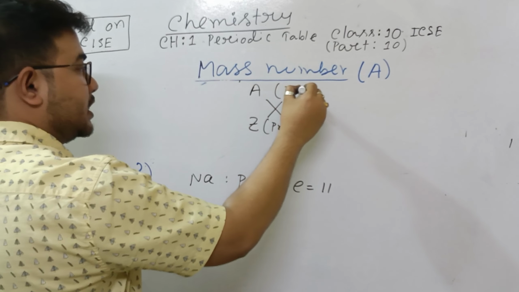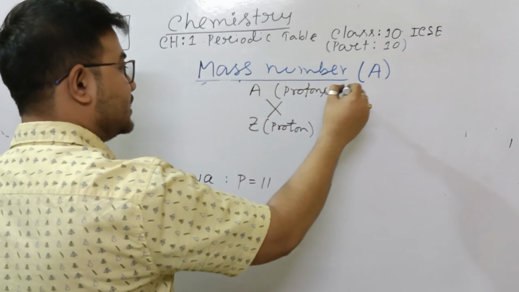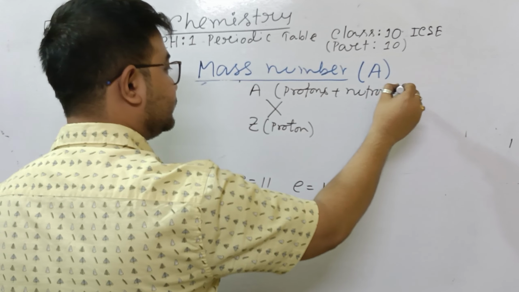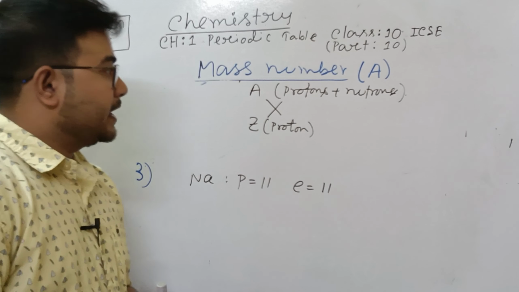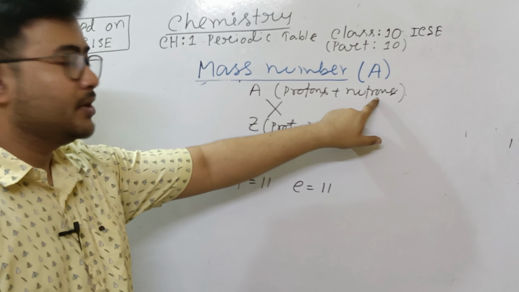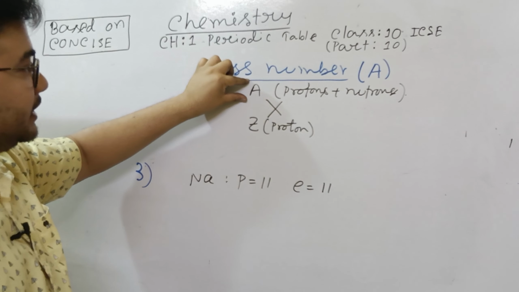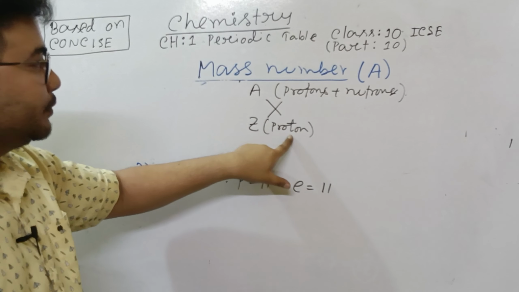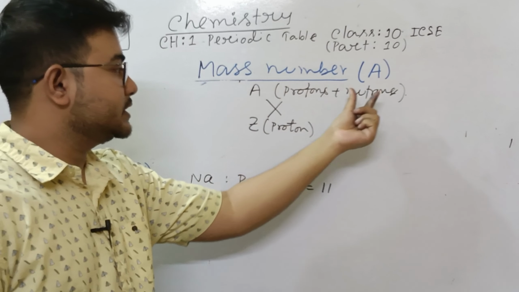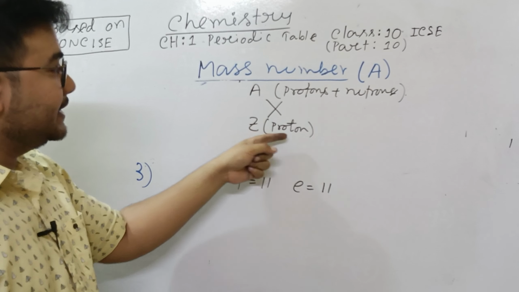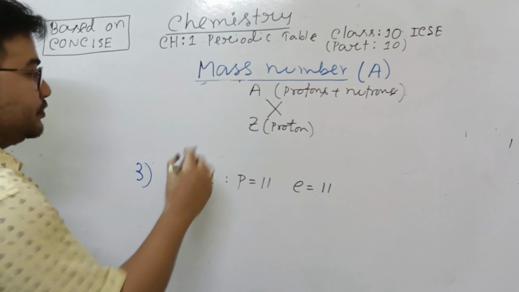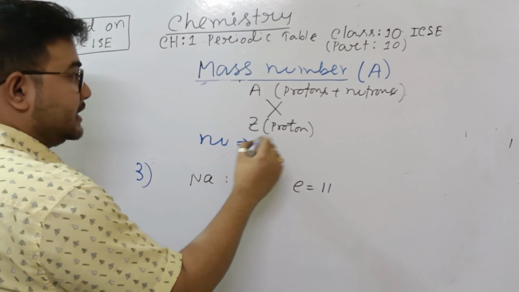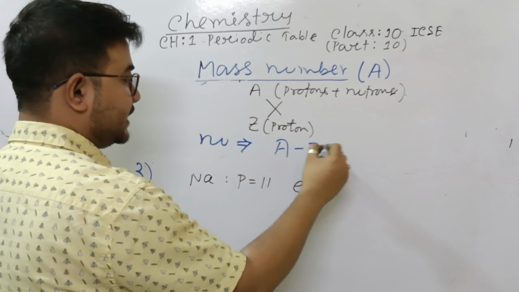Mass number means protons plus neutrons. Now how to calculate the number of neutron? Atomic number means only proton, mass number means proton plus neutron. So if you subtract the proton from here, then you can easily calculate the number of neutron. So the formula of neutron is A minus Z.